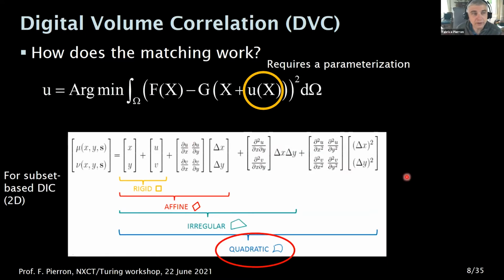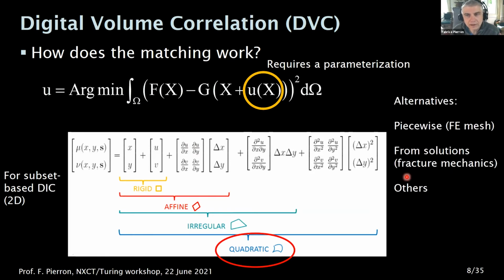And you can go for higher shape functions, particularly quadratic, and it's shown in the literature for DIC that quadratic is actually the optimal parameterization for the displacement in this matching problem. And you have more information to identify. So in the slightly larger subset, but this is generally how it's done now in commercial packages.